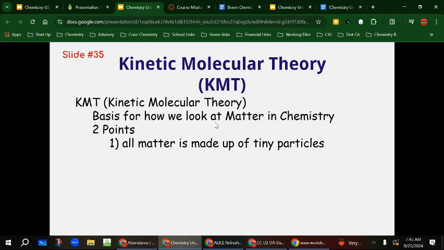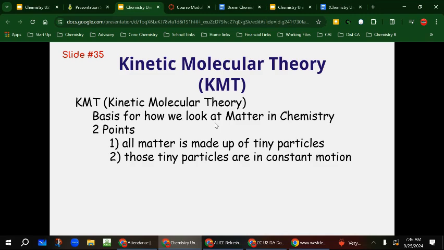All matter is made up of tiny particles. That's not the theory part. This is. Those tiny particles are in constant motion. They are always moving unless we get to what temperature? Absolute 0.